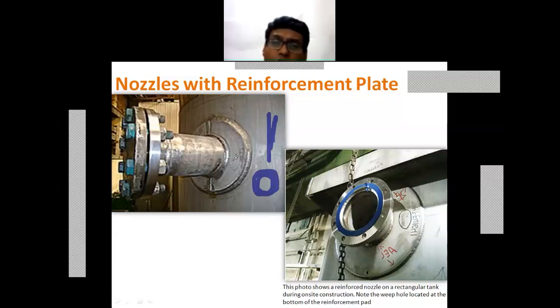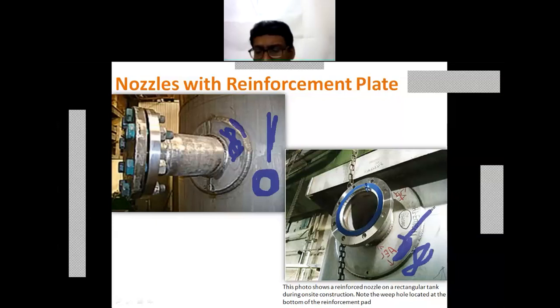If you look at this, the extra plate that is welded here to the basic metal sheet is called a reinforcement. Again here also, the extra metal sheet provided in addition to the original metal sheet is called a reinforcement. The area of the vessel wall removed is compensated by using additional material in the form of this metal sheet.